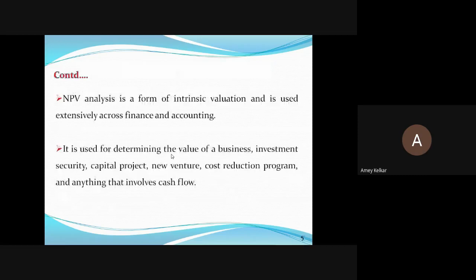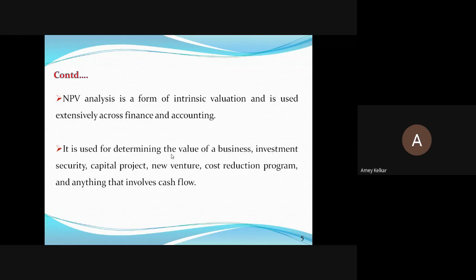NPV analysis is a form of intrinsic valuation and is used extensively across finance and accounting. Net present value analysis is a very basic form of analysis which we use to obtain the present value of any cash flow or an amount which you are supposed to get in the future.